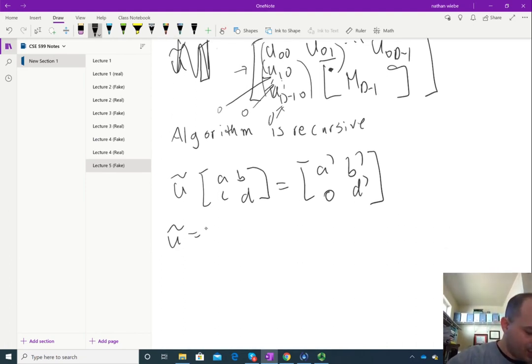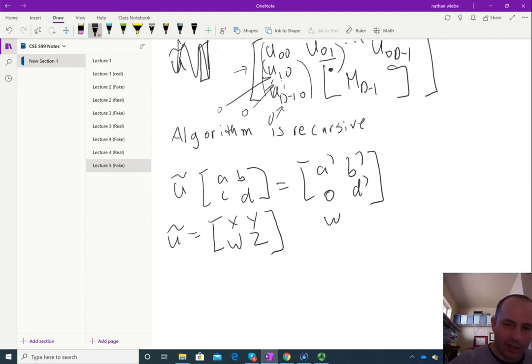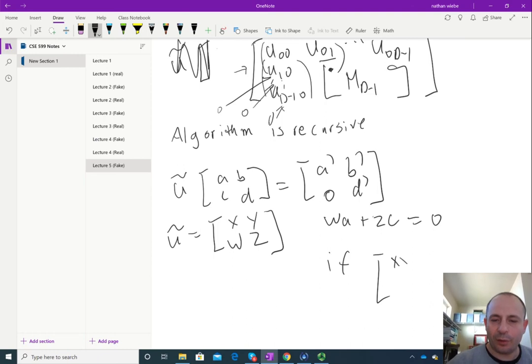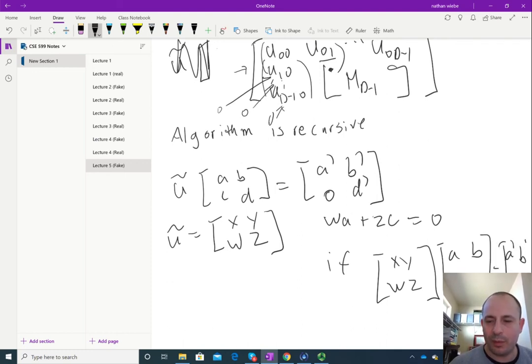So let's let U tilde equal W, X, Y, and Z. Now, if that's the case, then we end up getting WA plus ZC has to equal 0, if W, X, Y, Z acting on A, B, C, D equals A prime, B prime, 0, D prime.